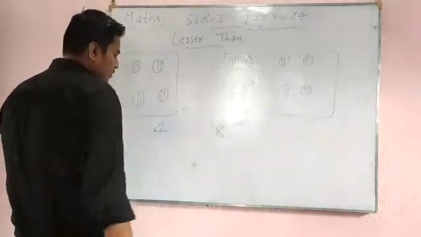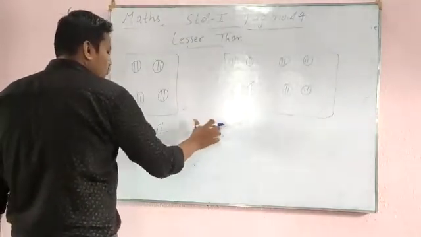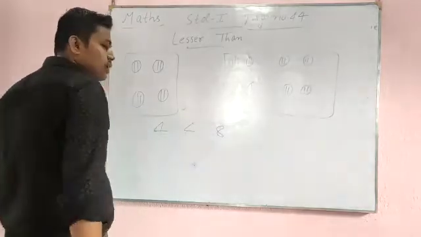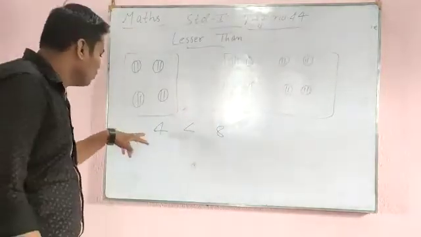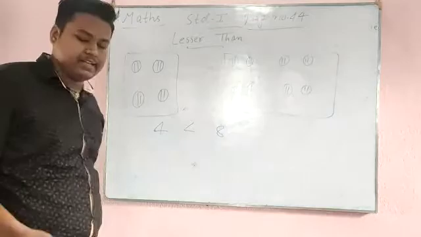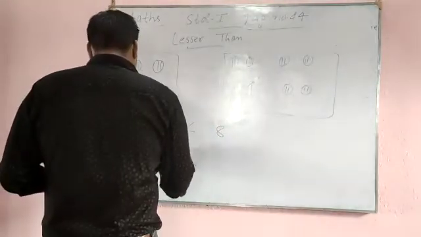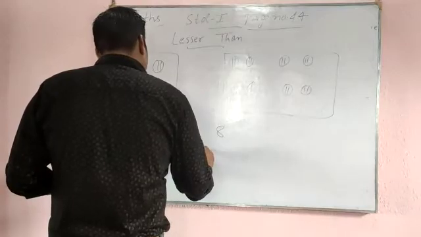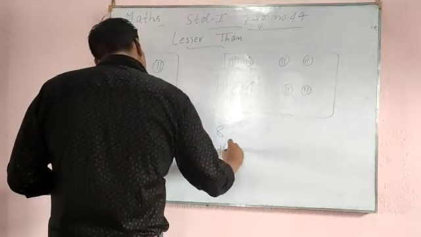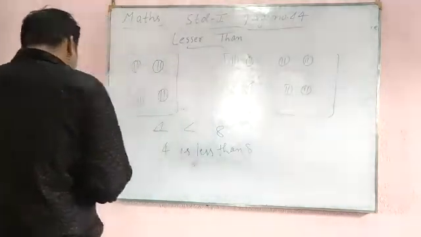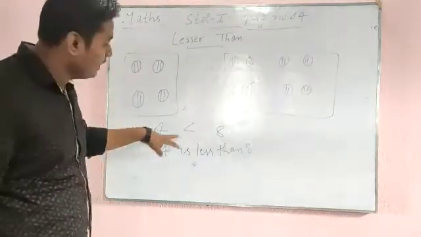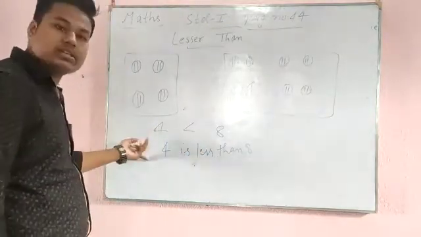Which is lesser? This one is lesser. So just put the sign. It shows that 4 is lesser and 8 is greater. Understood? We can write this: 4 is less than 8. This sign shows that 8 is greater and 4 is lesser.